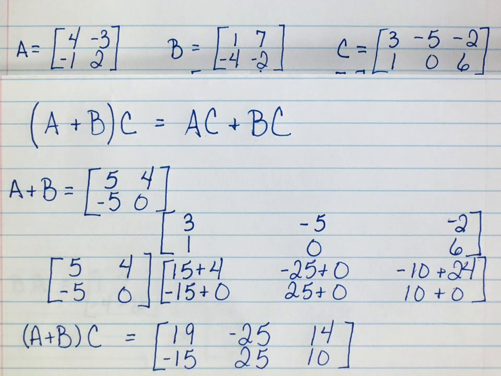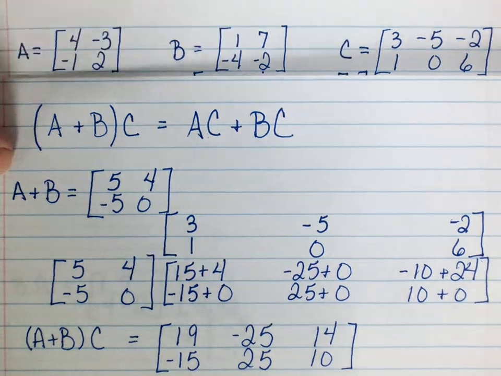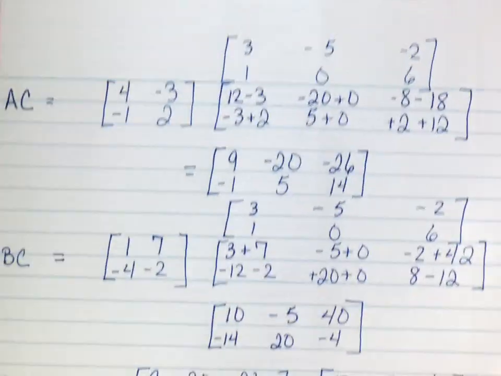Now if I look at the other way and I say, okay, A times C, if I multiply those matrices out, A times C and B times C, and I add them together, here's what happens.